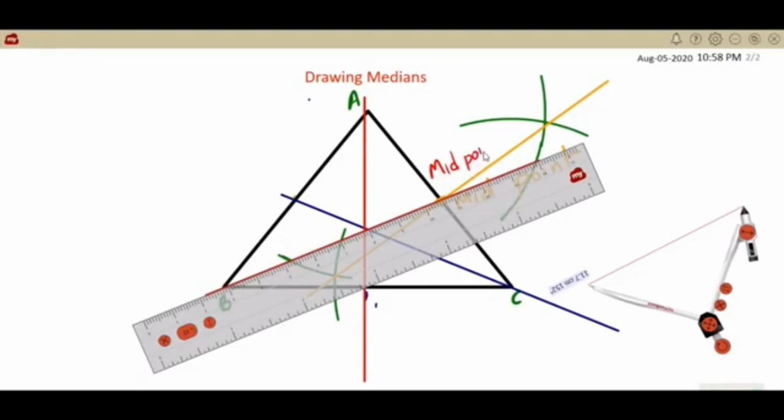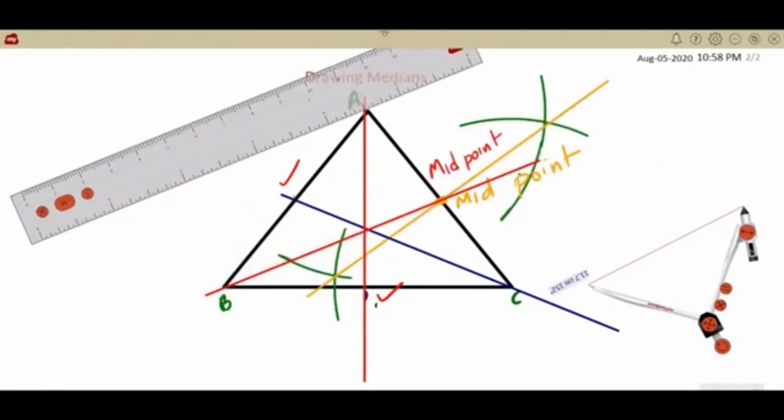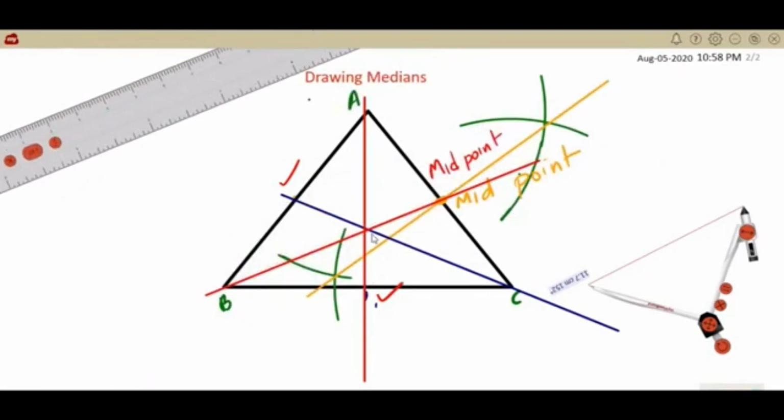Here also all these pass through a common point, they are concurrent, and this is the point of concurrence. This point is called the centroid. The centroid is the point of concurrence of the medians of the three sides of a triangle.